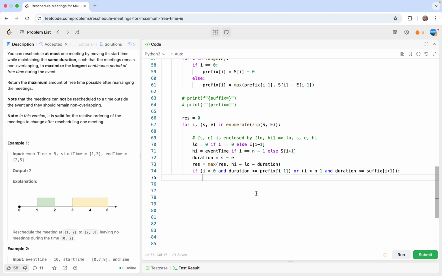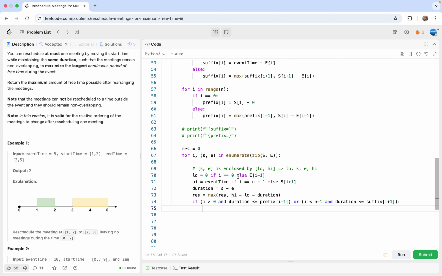So in this case, we can make all the duration from low to high free. So in this case, we can make another comparison, the result so far and high minus low, right?